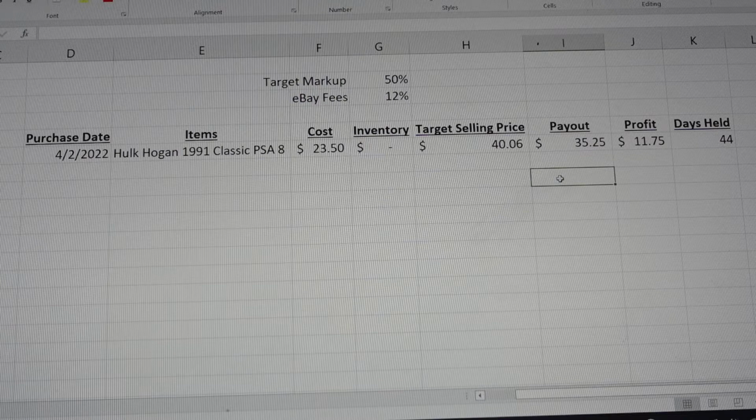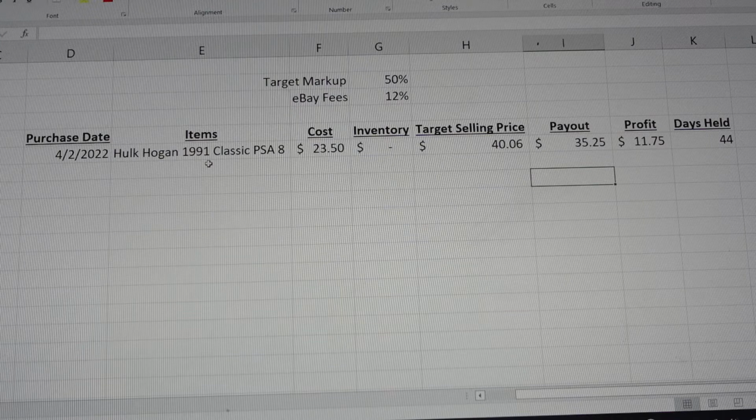I could have put that same money into a bank and gotten 1% interest. I could have put it into stocks and maybe get 10% interest or dividends or what have you on it. Or I could have put it into some sort of alternative investment. And was my investment in wrestling cards worth it, considering that I had to tie up that money for 44 days in order to get my profit?